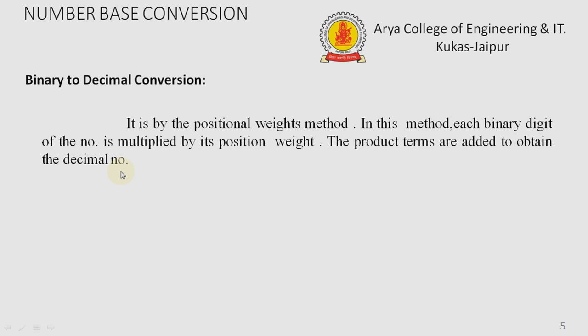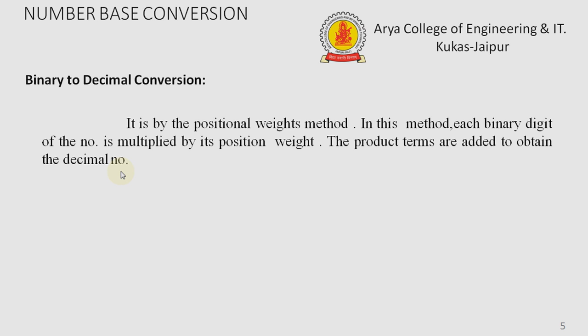I can give you an example here. If I have to convert 110 into a decimal number, 110 is a binary number, so its positions are 2 raised to 0, 2 raised to 1, and then 2 raised to 2.